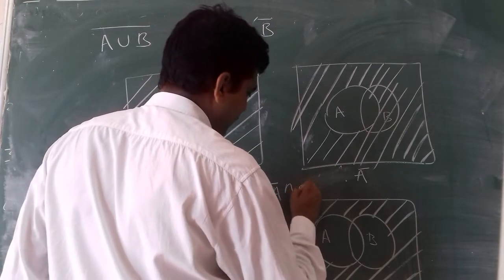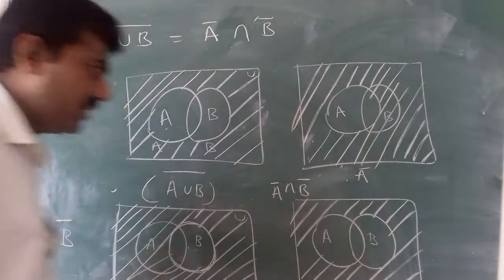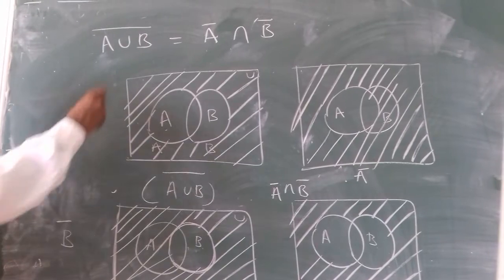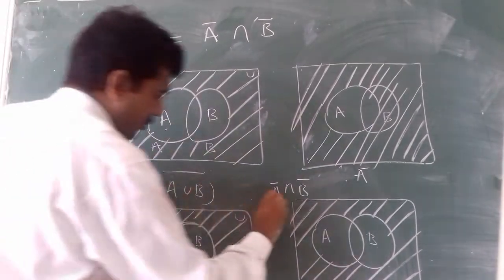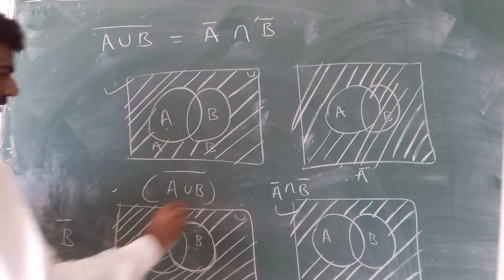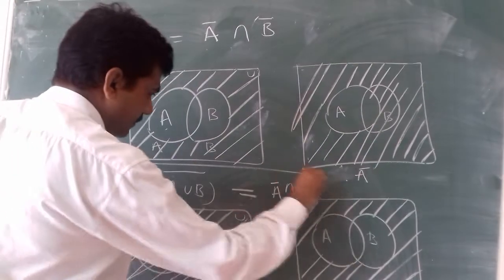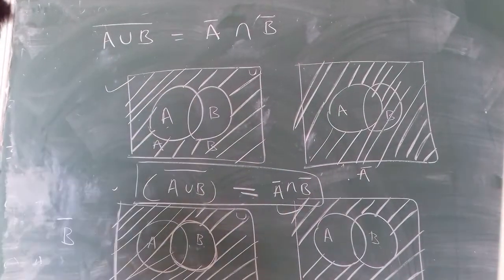A complement intersection B complement. Okay. So LHS is equal to RHS.